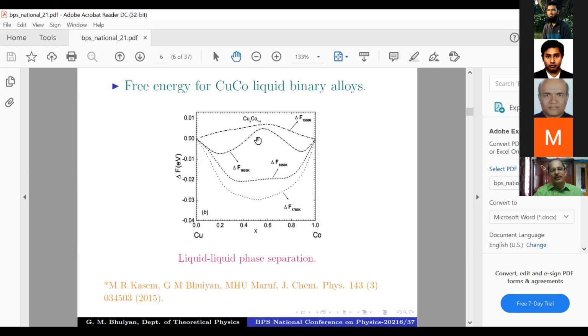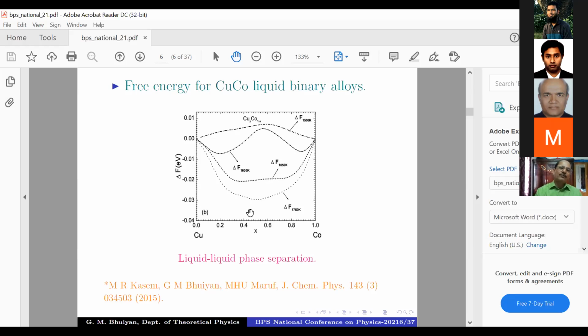So segregation happens. Here, particularly in this concentration, on the left of this concentration you will find the copper at equilibrium state, and here cobalt. So there is no mixture of the copper and cobalt in this concentration range.